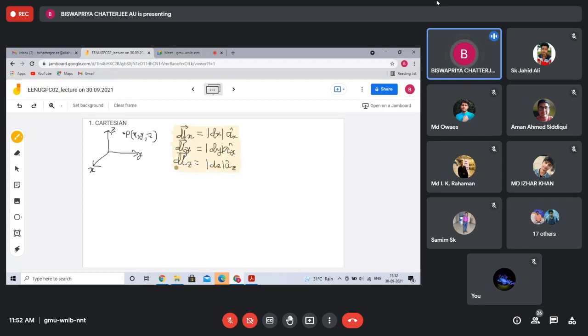And last day I told you that the conventional direction is always the positive direction. So the unit vectors are always ax cap, ay cap, and az cap respectively.